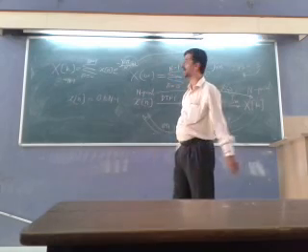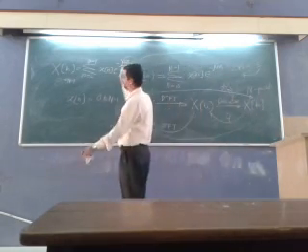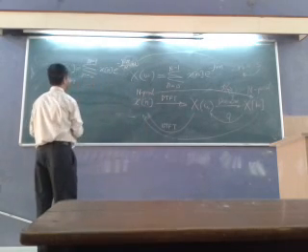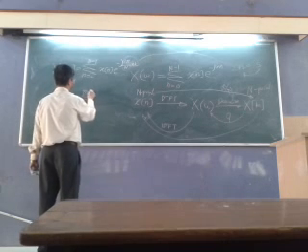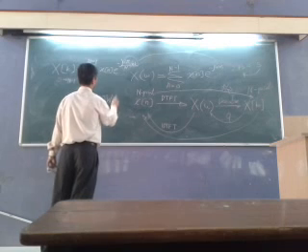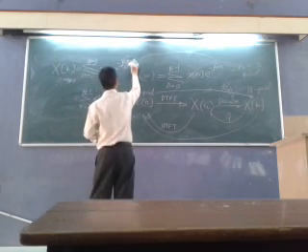And e raised to minus j 2 pi upon n is difficult to remember every time. Therefore, it is the sum for n equal to 0 to N minus 1 of x of n times W_N raised to kn.